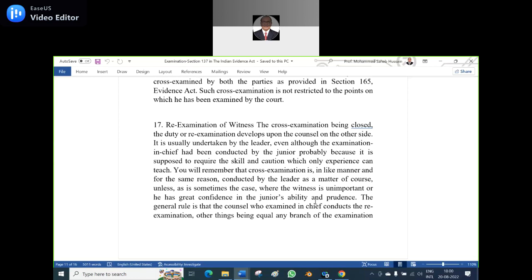It is usually undertaken by the leader, even although the examination in chief had been conducted by the junior, because it is supposed to require the skill and caution which only experience can teach. After the cross-examination, the senior may make the re-examination. Of course, for the re-examination he needs the permission of the court, or a new thing he wants to show, at which time the re-examination can be done. Am I right?